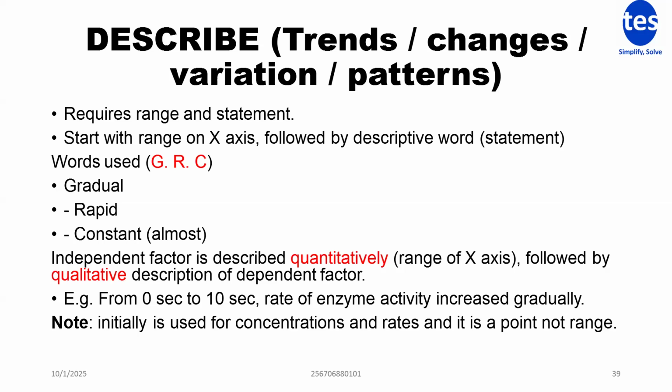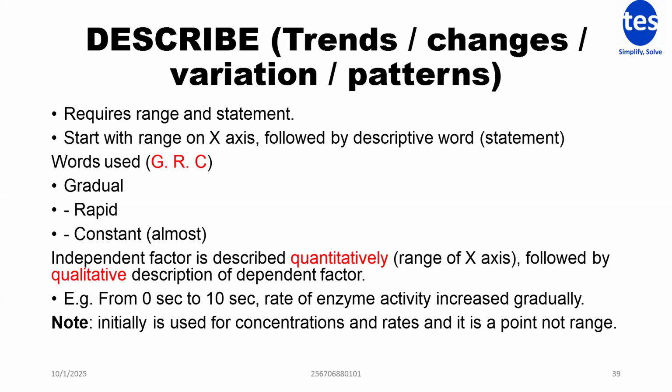For example, for the x-axis, from 0 second to 10 seconds, that's the way we simply say it. And then the rate of enzyme activity increases gradually or increased gradually.